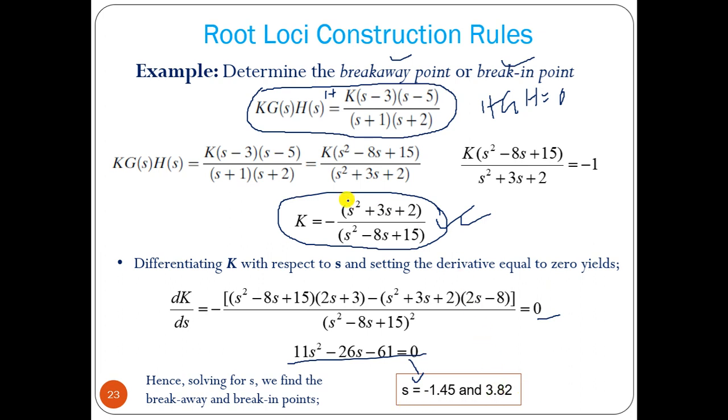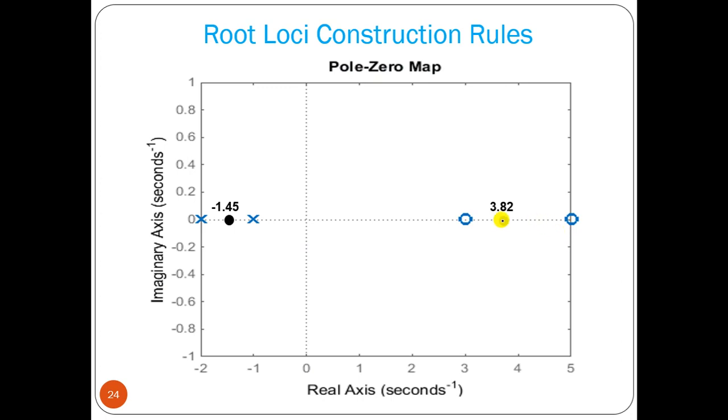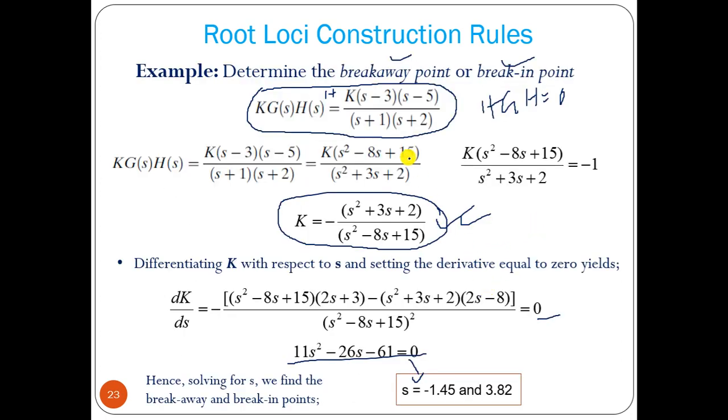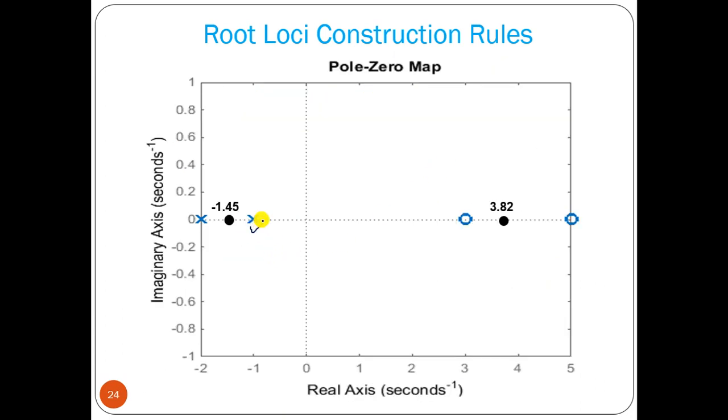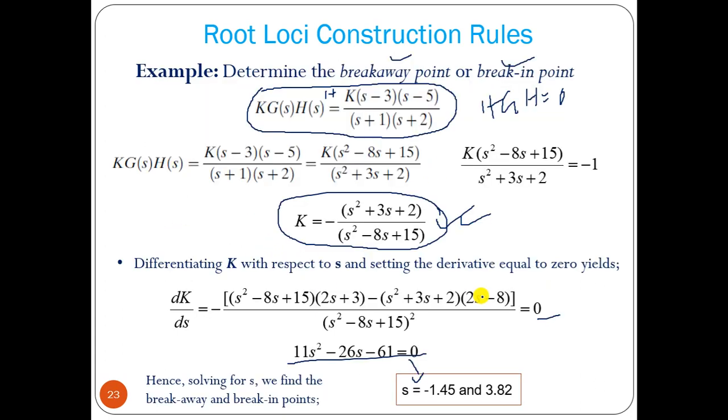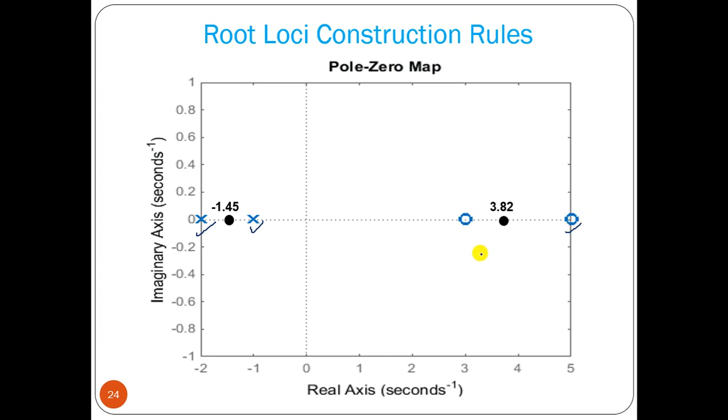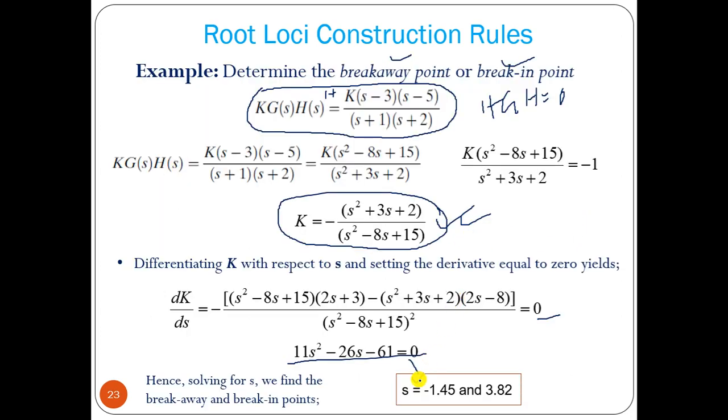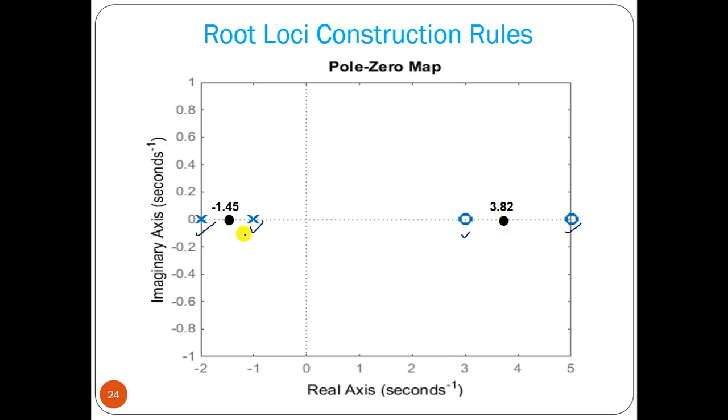Now in this case we have two poles and two zeros. If you look at this plot, we have poles at minus 1 and minus 2, zeros at plus 3 and plus 5, and we can see minus 1.45 and 3.38. So these are the two points.